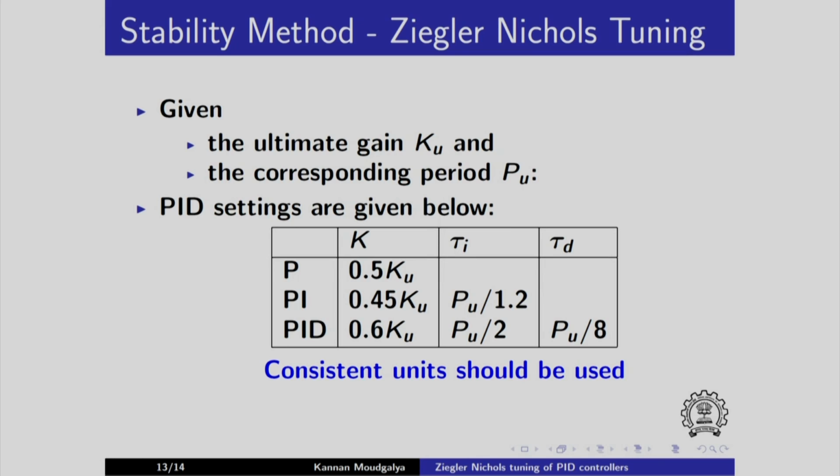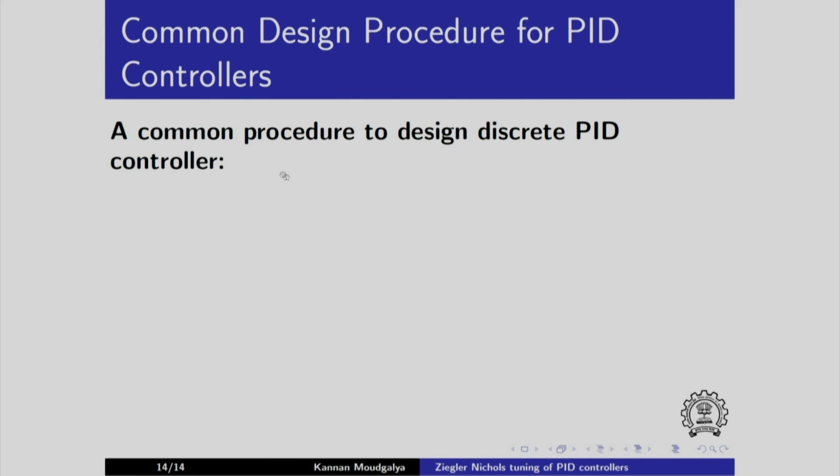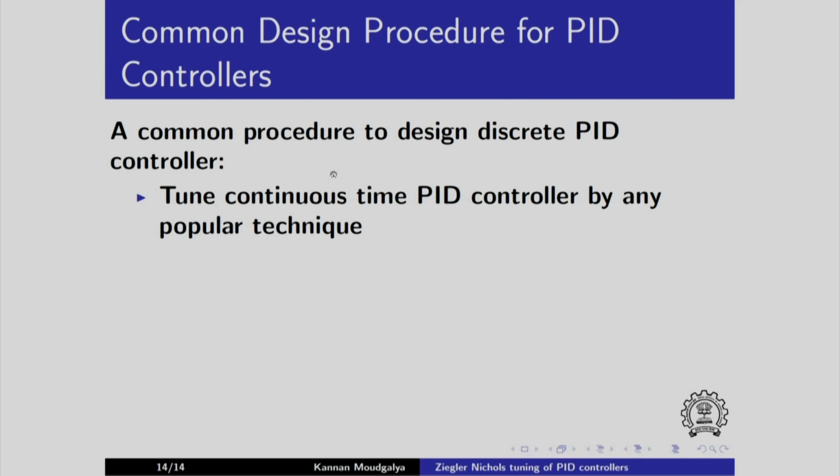Many plants already have PID control law obtained through tuning. The focus here is to discretize these. Of course, there are many more methods, possibly infinity of them, to arrive at such tuning methods. So what do we do? A common procedure to design a discrete PID control law is given now.